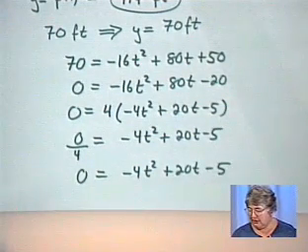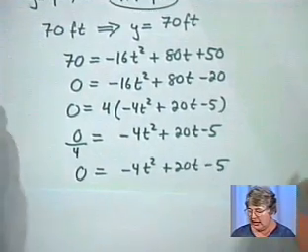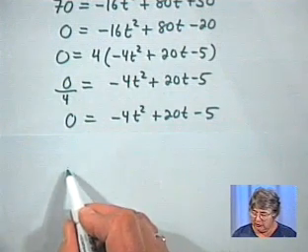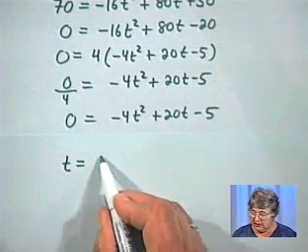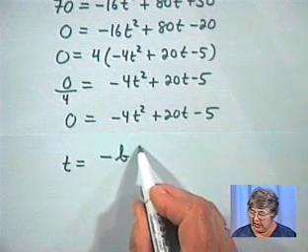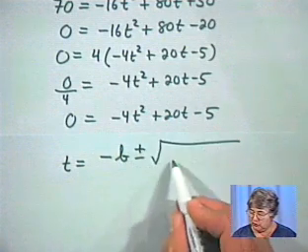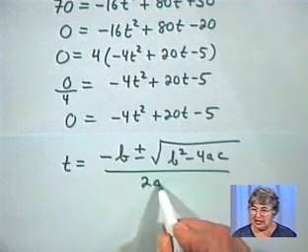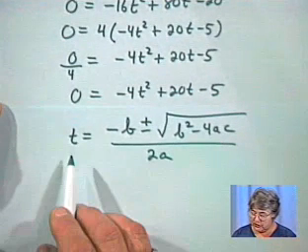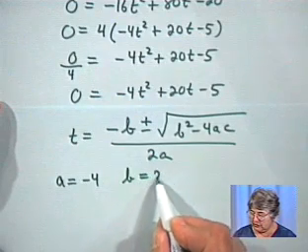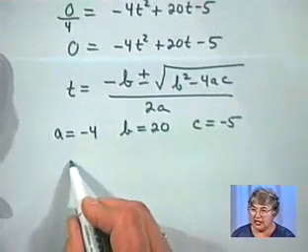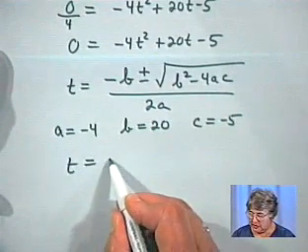Factors don't jump out at me from here right away, and so I'll go ahead and solve this particular equation using the quadratic formula. Remember that the values for t are going to be plus or minus the square root of b squared minus 4ac, divided by 2 times a. So in this case, we're solving for t, so we have t equals minus b.